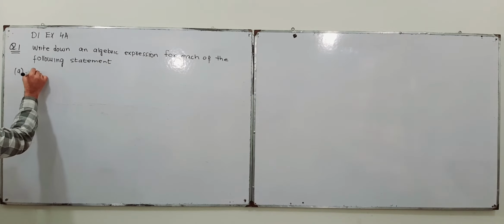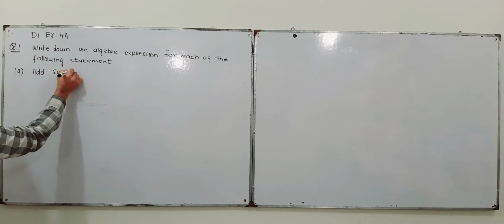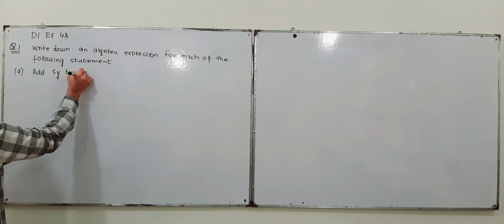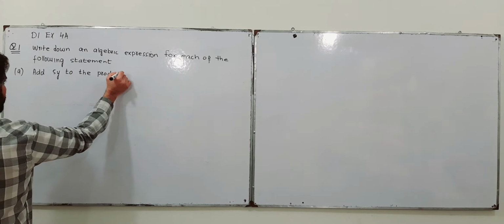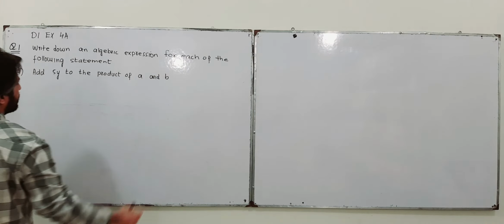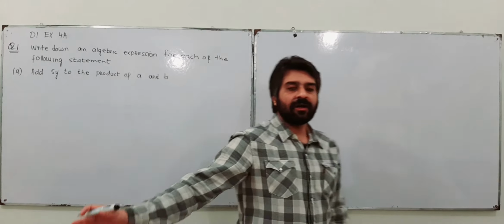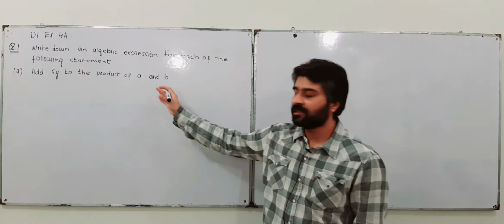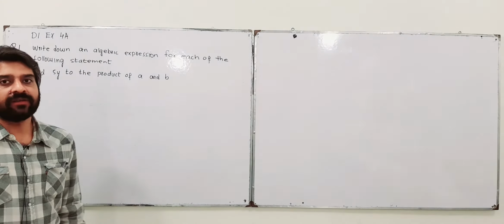So part A is add 5y to the product of A and B. Now first of all, you have to understand how to form your algebraic expression. The statement is add 5y.